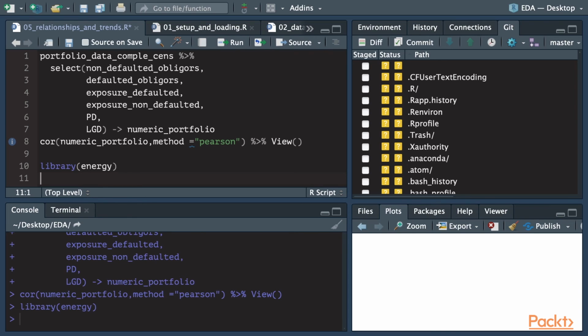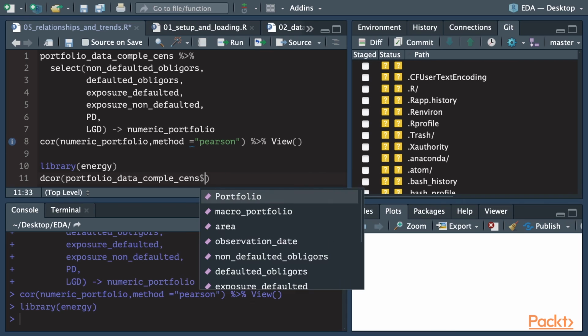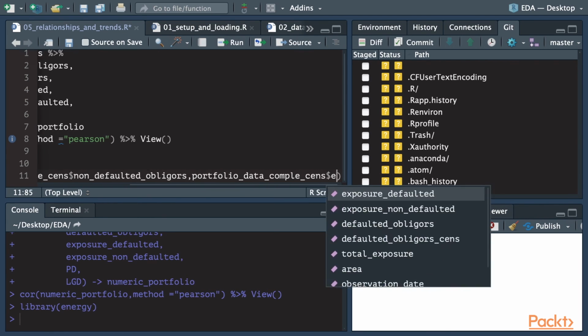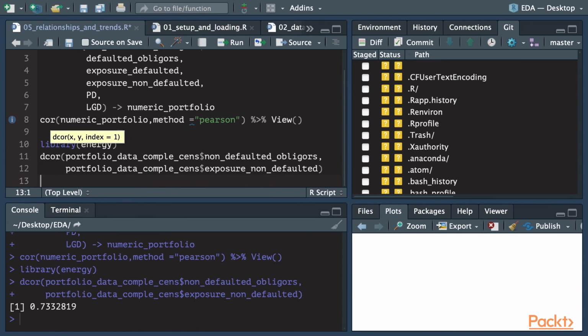Let's do this for the non-defaulted obligors and exposures non-defaulted, to see if the strong relationship suggested by linear correlation is confirmed. Yes, we have here nearly 73%, which is definitely a strong correlation, able to confirm what we were saying before looking at linear correlation.